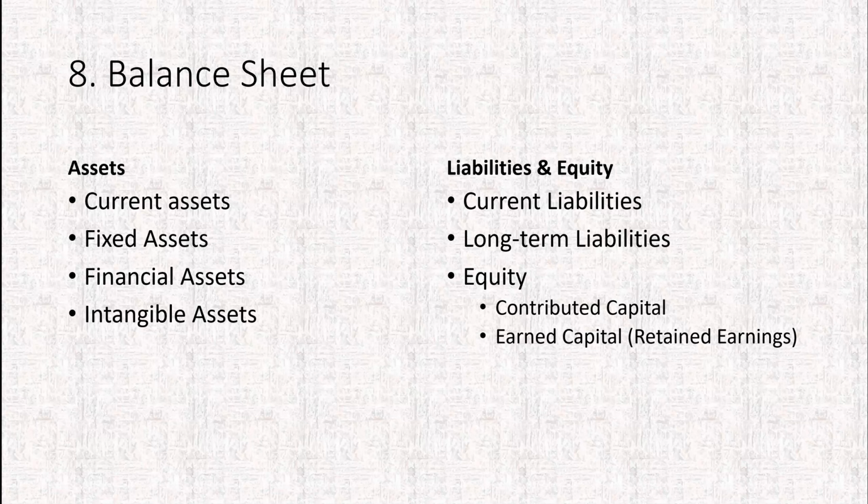That's the capital that the owners and shareholders put into the business, and they receive, say, stock or ownership shares back. And then the other is earned capital. The earned capital is the retained earnings that come in from the previous statement, the statement of retained earnings. And we would plug that in here. Okay? And so that's the balance sheet. That answers the question of what we own and control and what we owe to others.